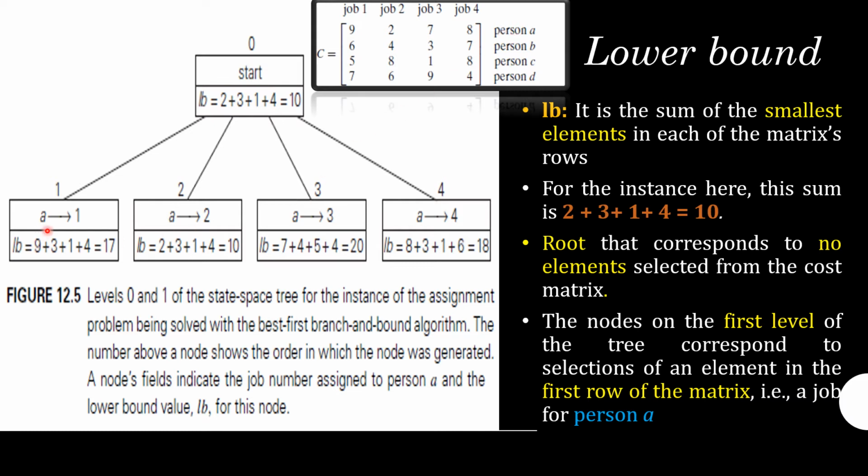Here, if I select the first job for person A, the first job is 9, right? So what is the value of LB? We have to calculate LB for each and every node.